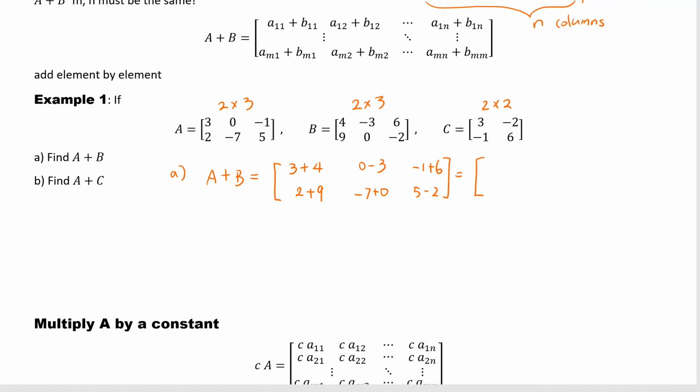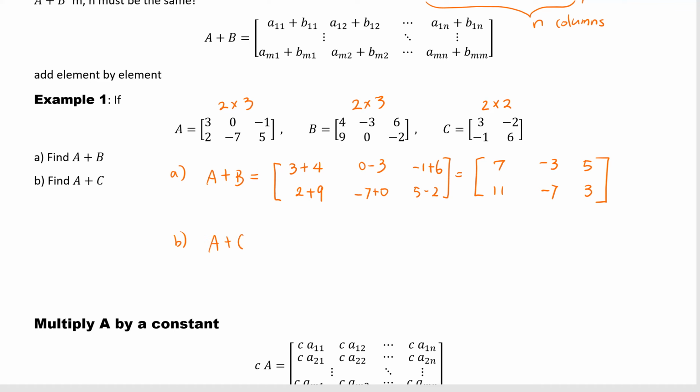And then we continue to calculate: 3 plus 4 is 7, this negative 3, 5, 11, minus 7, and 3. Okay, so this is A plus B. So far so good, everybody?